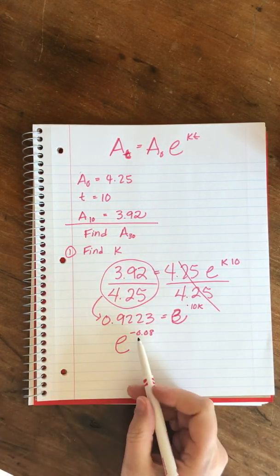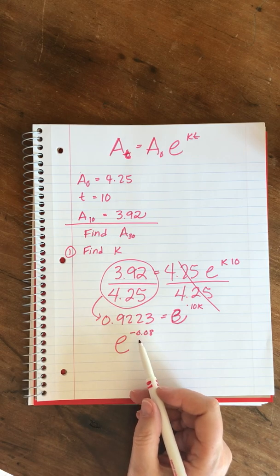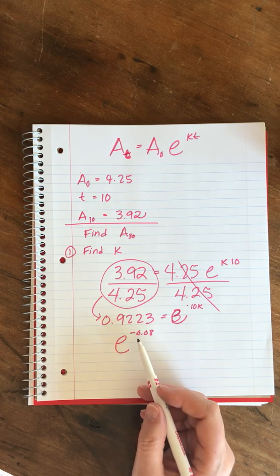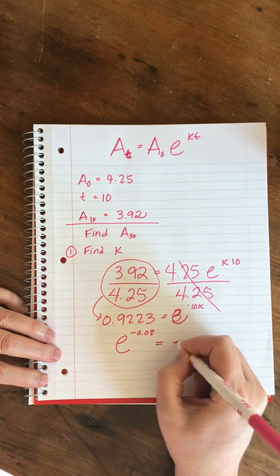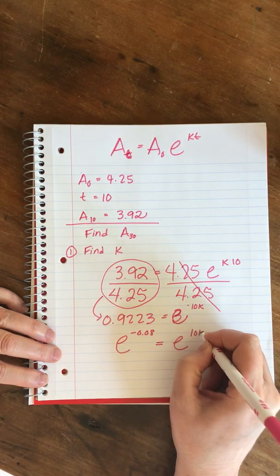We're going to have a negative exponent. Well, that's not necessarily true. I take that back. But that negative exponent equals what we have on the other side, e to the 10k.